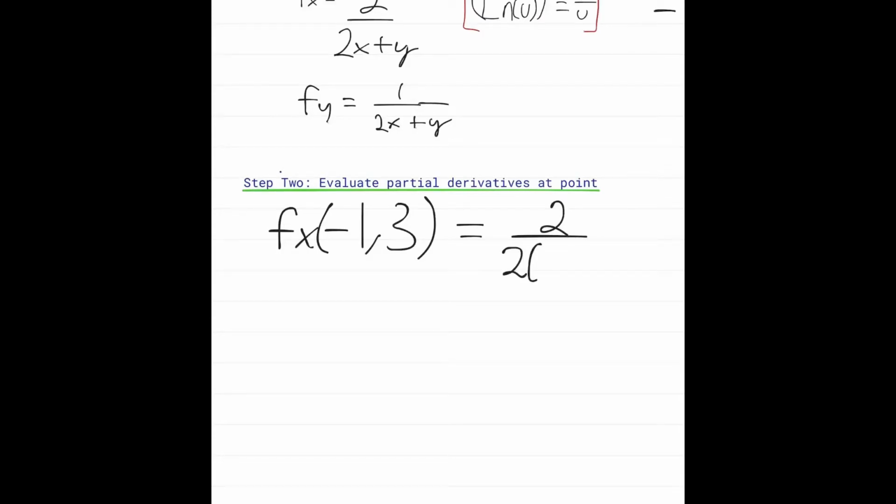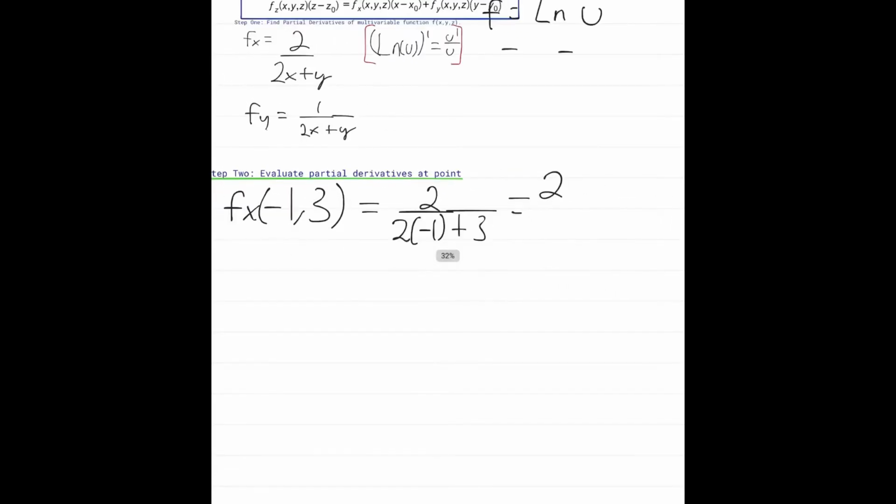So we have 2 divided by 2 times the x term, which is negative 1, plus the y term, which is 3. This is equal to 2 over negative 1 times 2 plus 3. Minus 2 plus 3 is 1. So this in turn is equal to 2. So partial x evaluated at the point is 2.